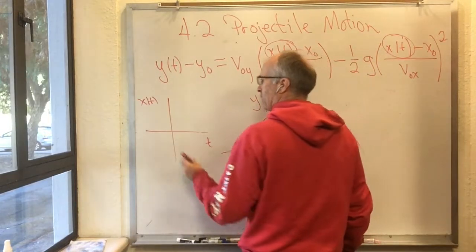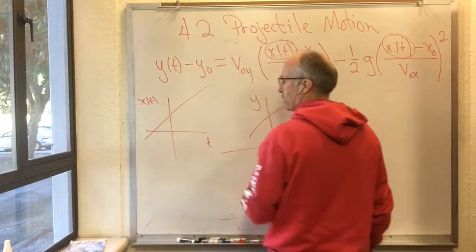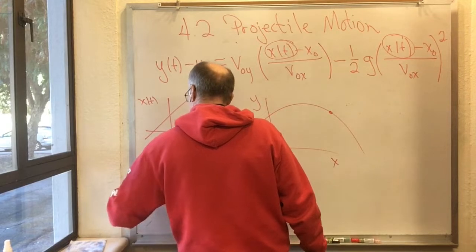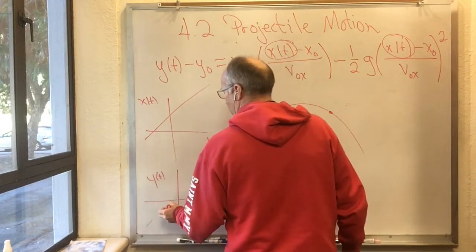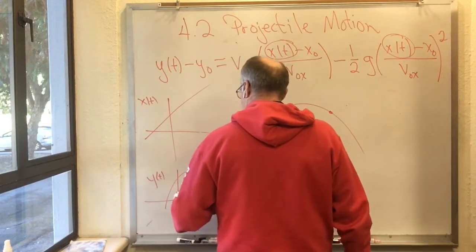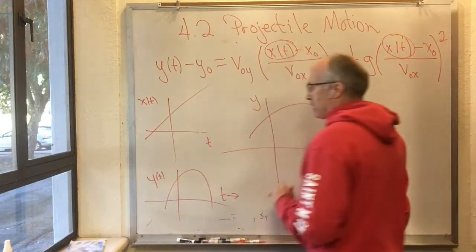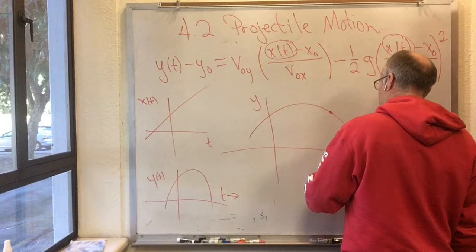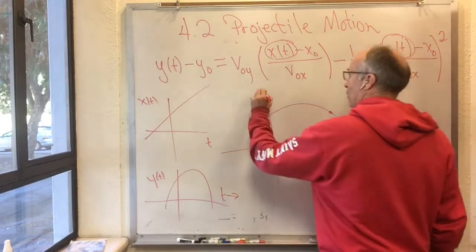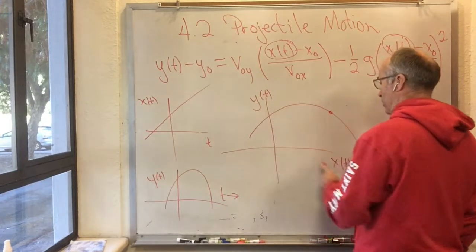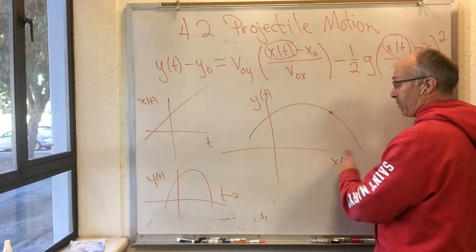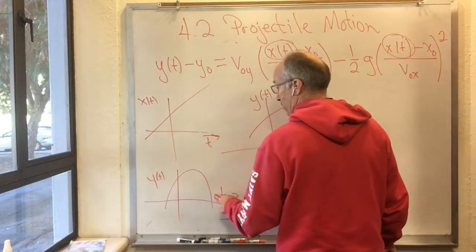In other words, x of t was some linear function of time, and y of t was some quadratic function of time. And what we've discovered here is that if I graph the actual position of the particle, which is y of t in the up direction and x of t in the horizontal direction, so now this is not time on the horizontal axis, which is what was over here.